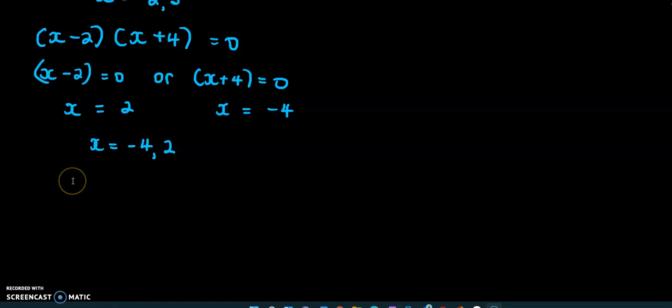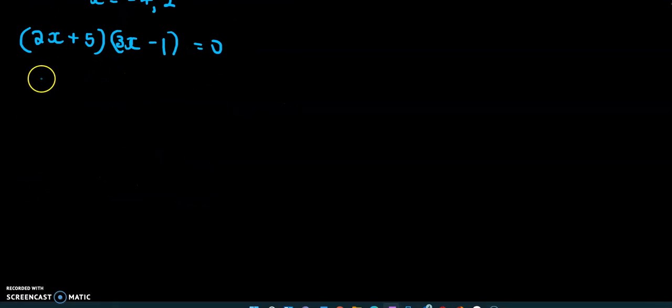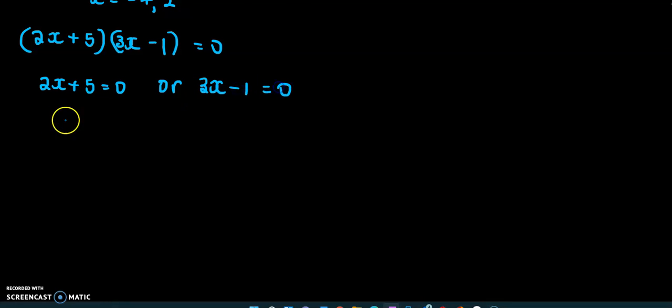Continuing, let's say now we have 2x plus 5 into 3x minus 1 is equal to 0. So we're going to get that 2x plus 5 is equal to 0 or 3x minus 1 is equal to 0.